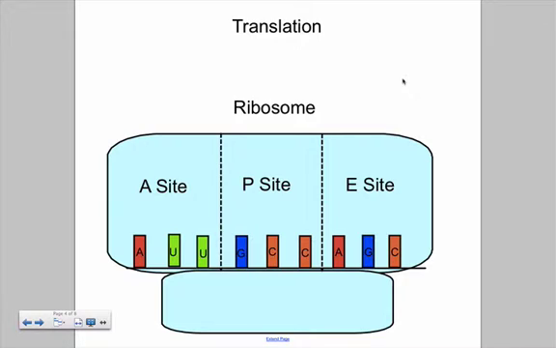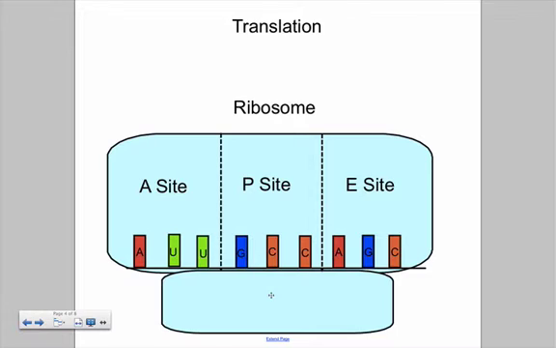There are 3 major sites inside of a ribosome. The ribosome is represented by this blue figure. It has a large subunit and a small subunit. The large subunit attaches to the top of the mRNA and the small subunit attaches to the bottom, so it's kind of like a clamp to hold on to the mRNA.